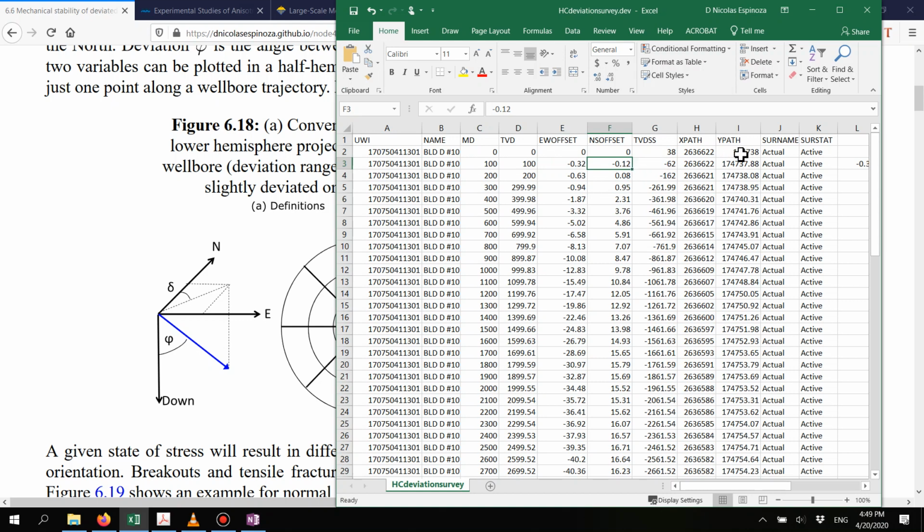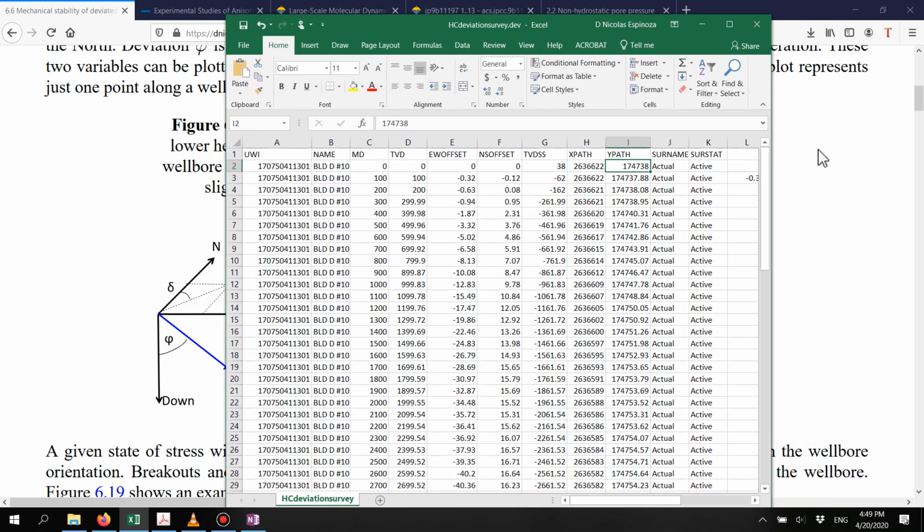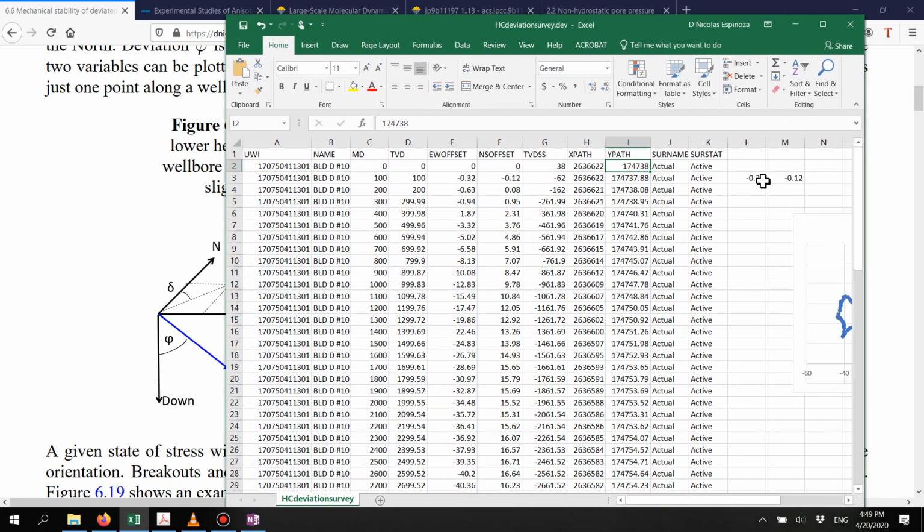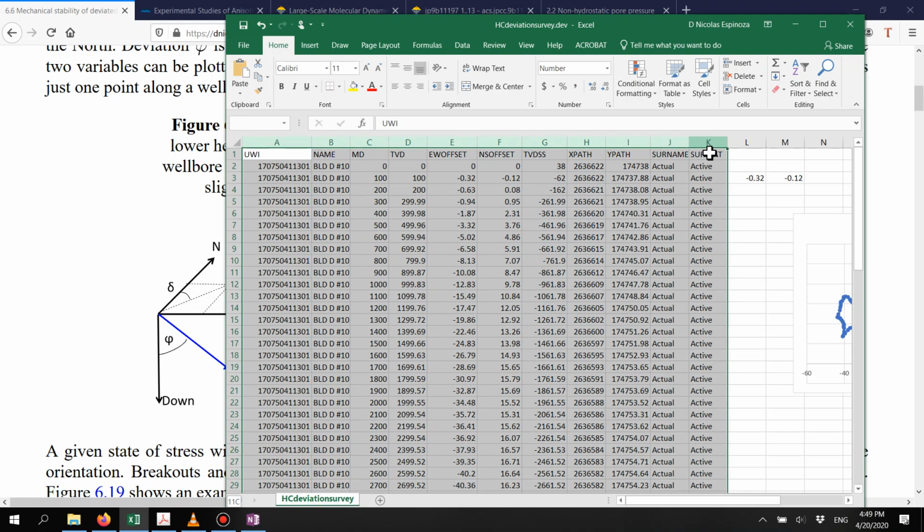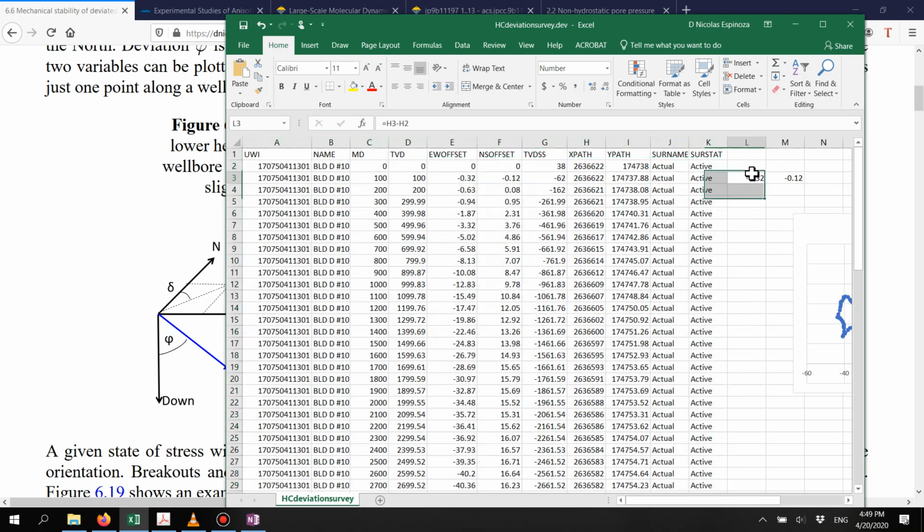What that means is that the change has been, as you can see in this equation, so columns from A to K are the deviation survey file, and here in this spreadsheet I also added this equation just to show that change in direction east-west, or this east-west offset that we see over here, 0.32, is a change in direction in the x coordinate.